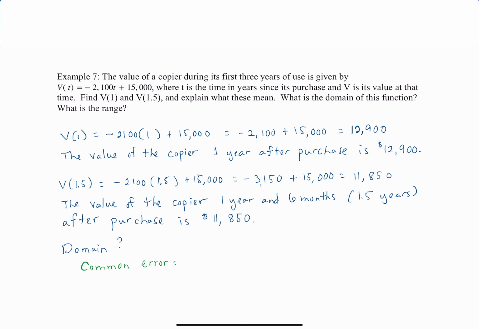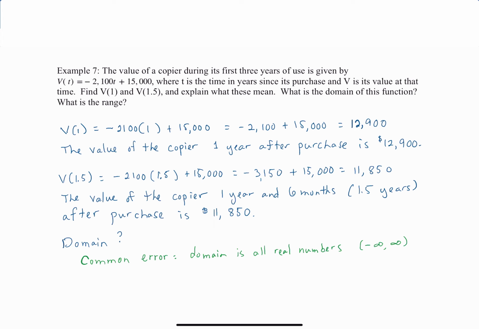So a common error is to say domain is all real numbers, which in interval notation would look like minus infinity to infinity. And that's a very understandable mistake to make, because if I just gave you this function and asked you what the domain of this function is, the correct answer would be all real numbers.